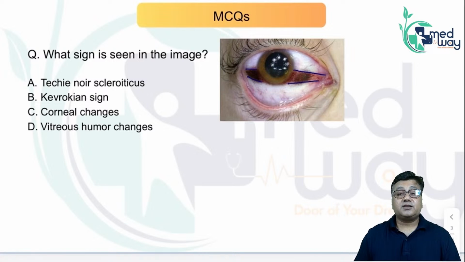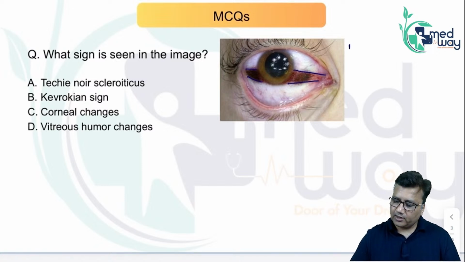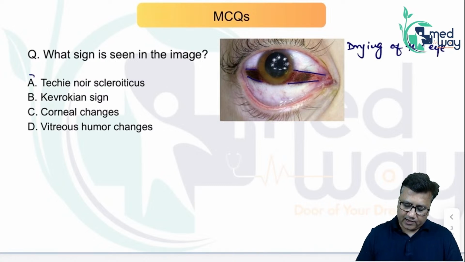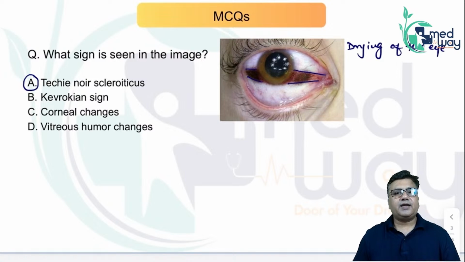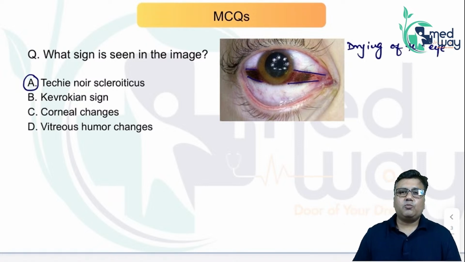This discoloration seen in the post-mortem time period is due to drying of the eye, and it is called Tache noire, Tache noire sclérotique. Due to drying of the eye, the white portion of the eye develops these triangular shaped opacities called tache noire.